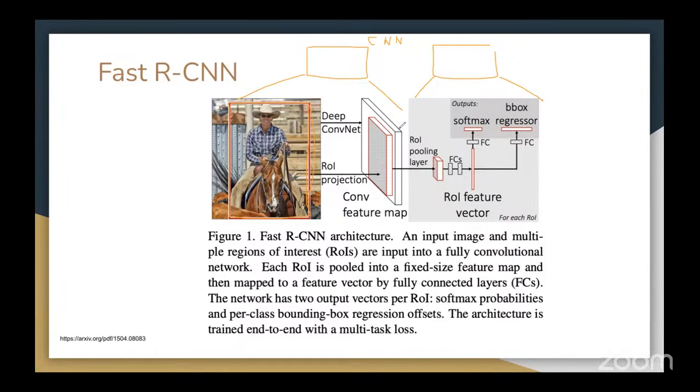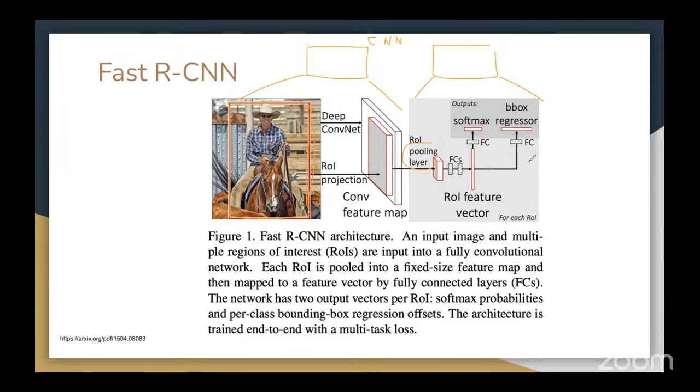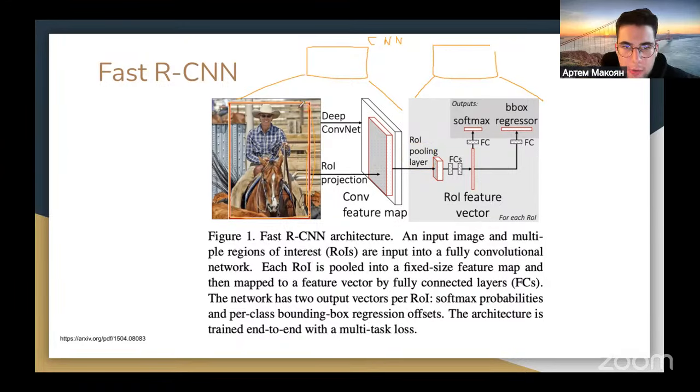And after that, for example, we have a pooling layer and make the classification. And before, we took each bounding box and put it first to the feature extractor and then to the classification head. Another region, another bounding box, to the feature extractor, then to the classification head.